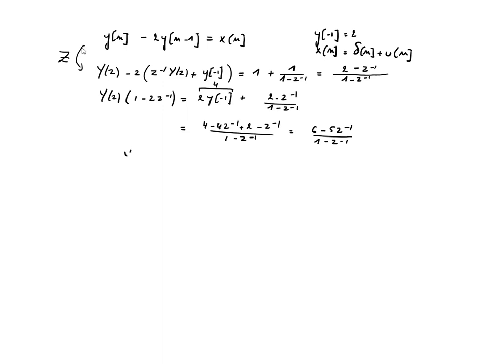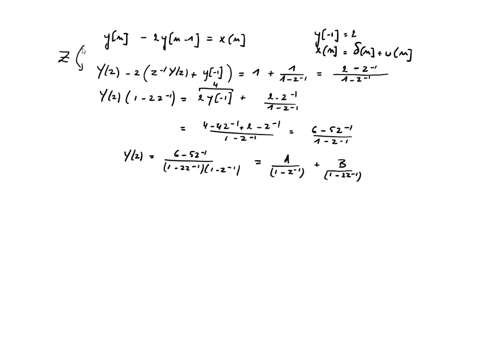So Y(z) is (6 minus 5z^-1) over (1 minus 2z^-1)(1 minus z^-1). This we can write as A over (1 minus z^-1) plus B over (1 minus 2z^-1). We can do the partial fraction expansion because we have a strictly proper rational function in z^-1.